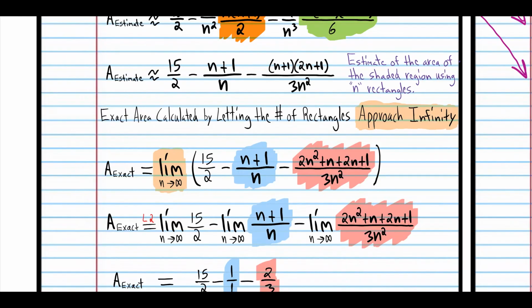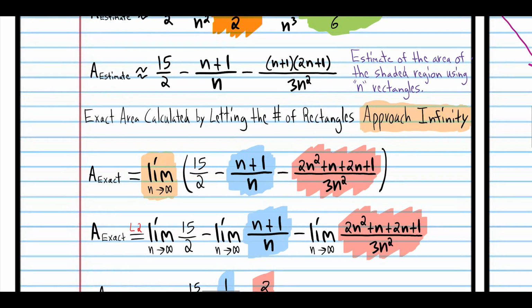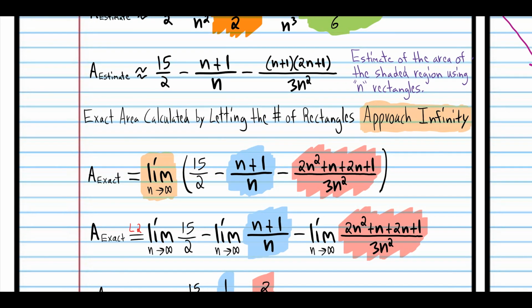But now, here's where we reach the whole point of this. Now we're going to calculate the exact area by letting the number of rectangles approach infinity. What that means is n is going to be bigger and bigger and bigger. We're going to let the number of rectangles become very, very big.